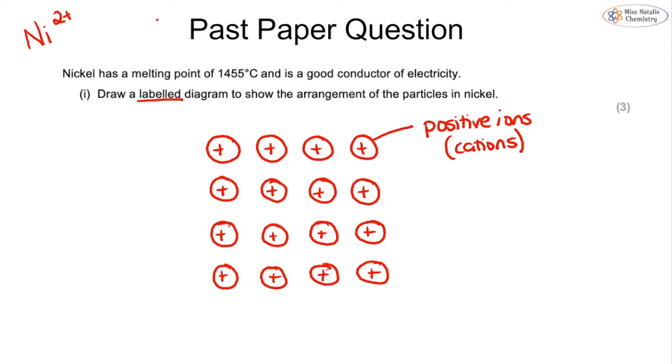And then we have to show that we've got some sort of electrons in between. So I'm just going to write them out as e. And I should have all of my electrons spaced out all the way through.